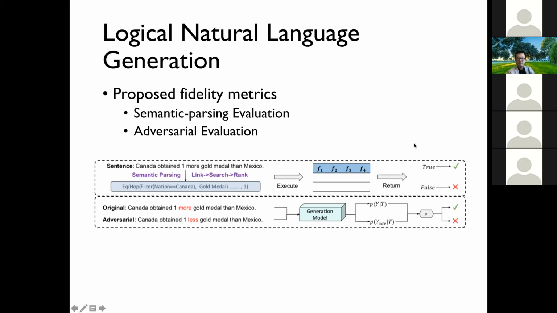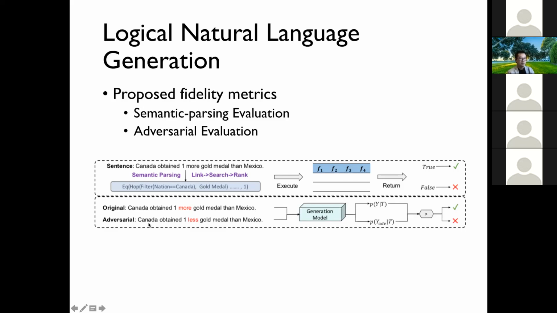The other evaluation I think is interesting, that is relatively new in natural language generation evaluation, specifically in the factual NLG problem, is to look at adversarial evaluation. Because the original text I showed you is that Canada obtained 1 more gold medal than Mexico. But what if you tweak the 1 more gold medal into 1 less gold medal?